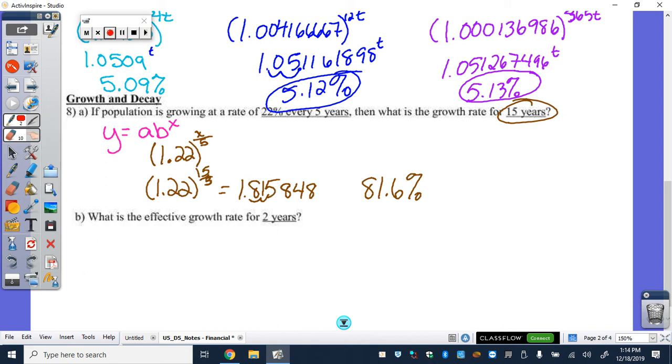So then what is the effective growth rate for 2 years? So again, I'm still going to use this, but this time it's going to be to the 2 divided by 5 power. Go ahead, use that calculator, help you out with it.